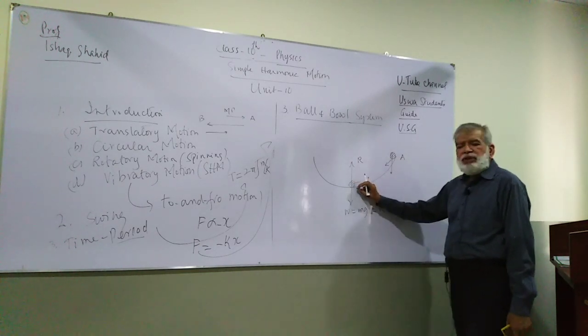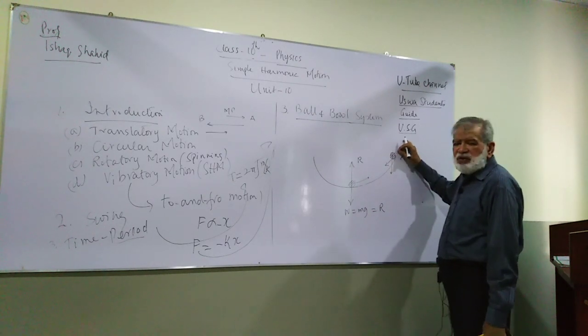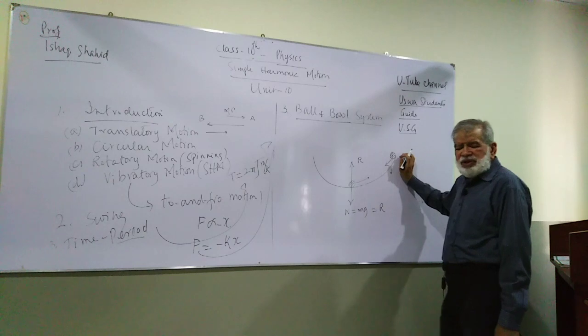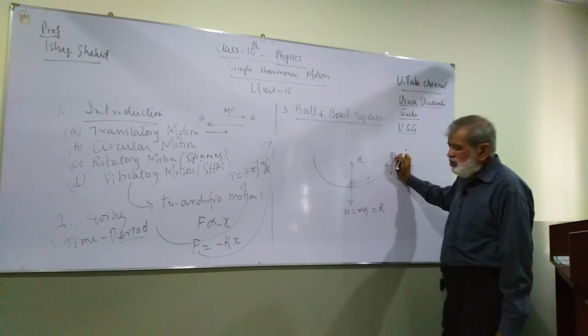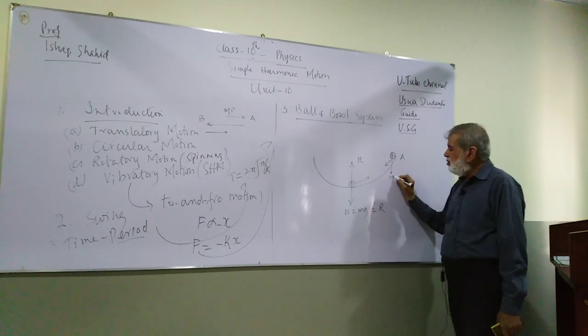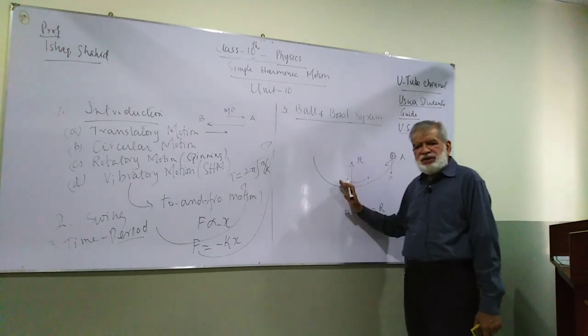Now we pull the ball and take it to one extreme position A and then release it. When we take the ball to this extreme position, the only force acting upon it is the weight of the ball, which moves it towards the mean position.